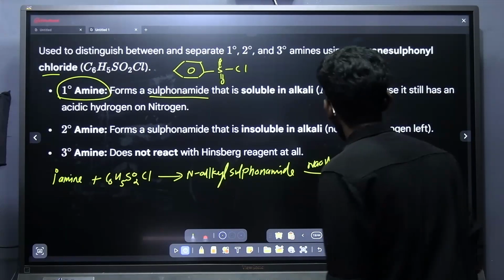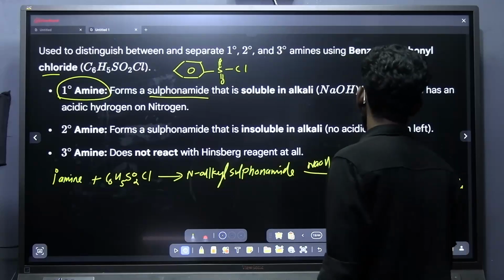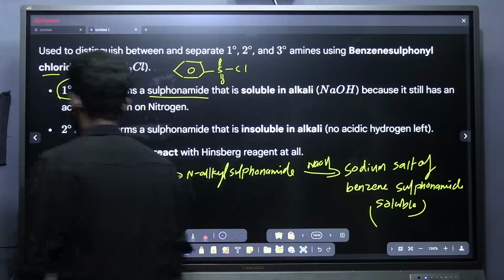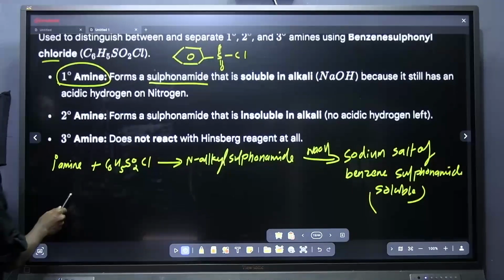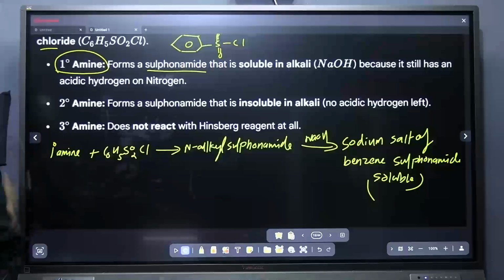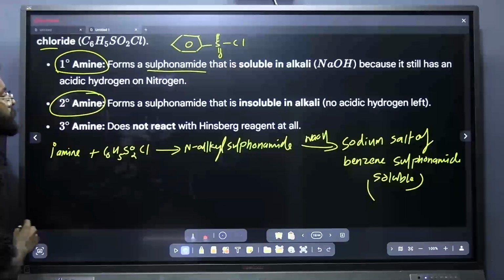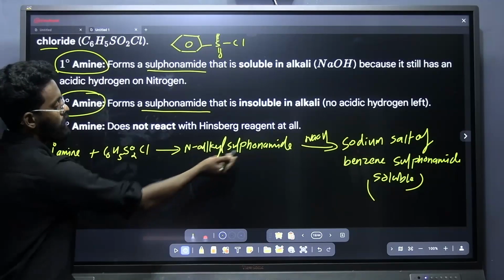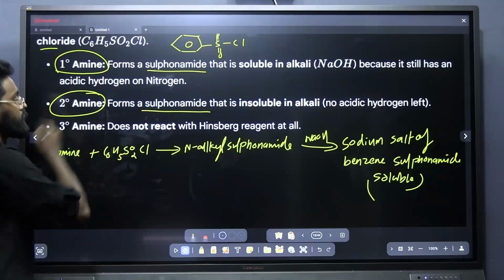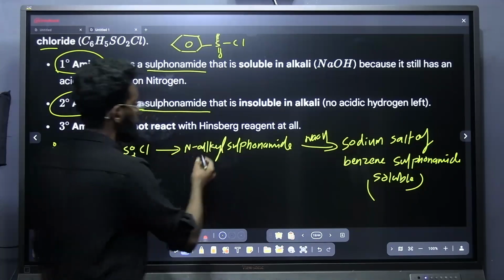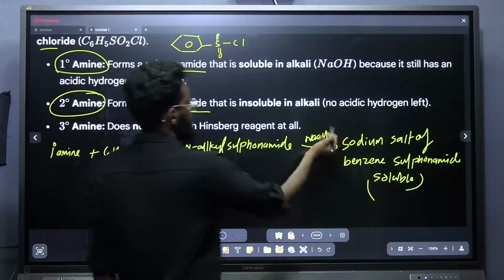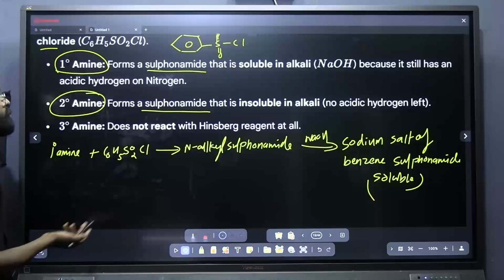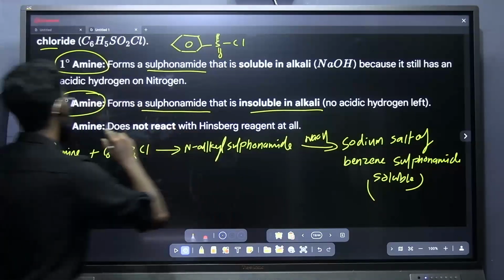This sodium salt of benzene sulfonamide is water soluble, so we can confirm that it is a primary amine. Now if I take a secondary amine, again it will form a sulfonamide, an N,N-dialkyl sulfonamide, because it is a secondary amine. That N,N-dialkyl sulfonamide on treating with NaOH gives an insoluble product that won't dissolve in alkali. That is how we can identify a secondary amine.